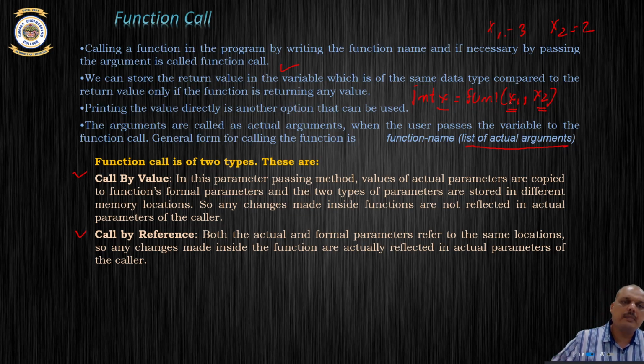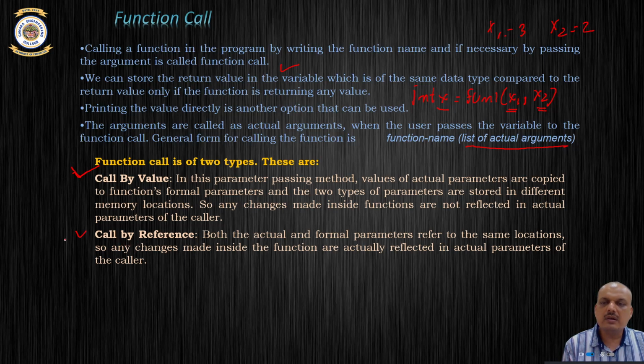What actually happens is the values stored in x1 and x2 are passed inside the function. That is what is called call by value, which means you are invoking the function and passing some parameter values into it. So that is call by value.